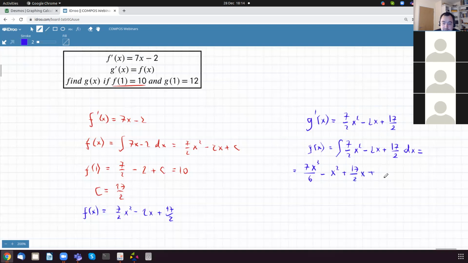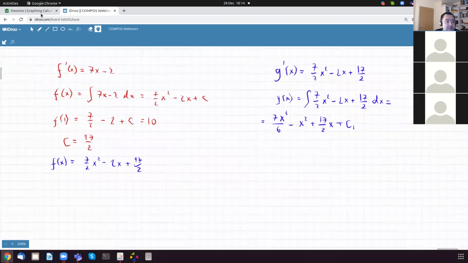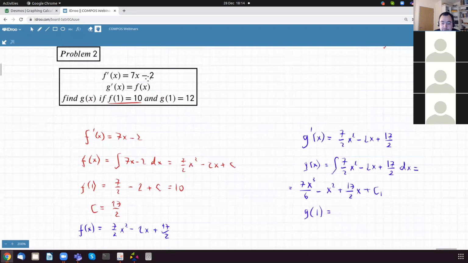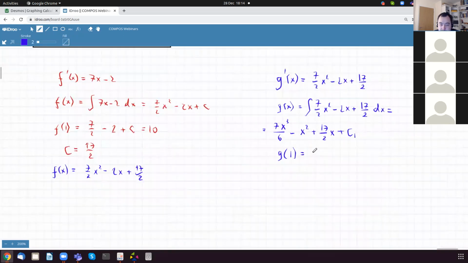And plus, now I want to use c, but I've already used c, so a good practice would be to use c1. It's a different c, of course. And we know that g of 1 is 12. That means that 7 over 6 times 1 cubed minus 1 plus 17 over 2 plus c1 equals 12.